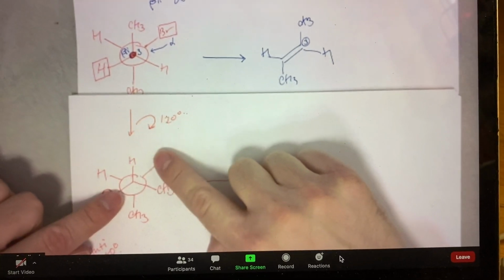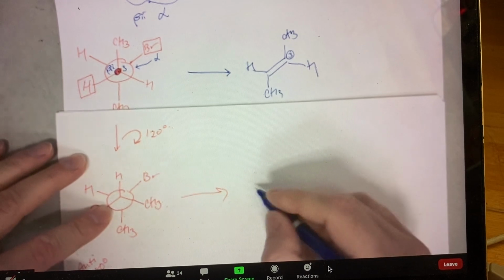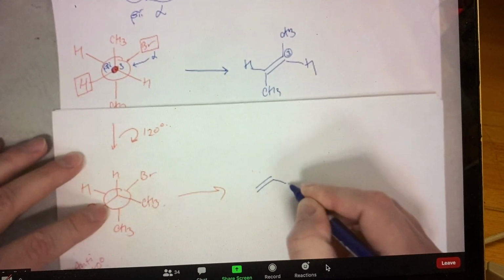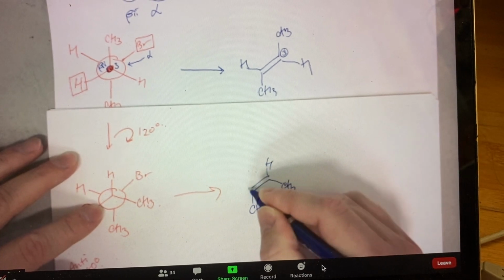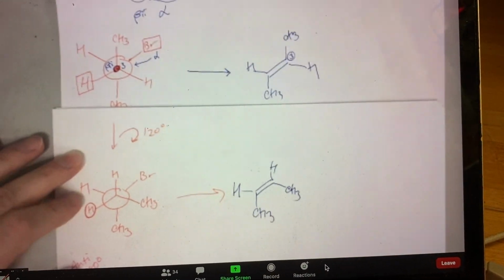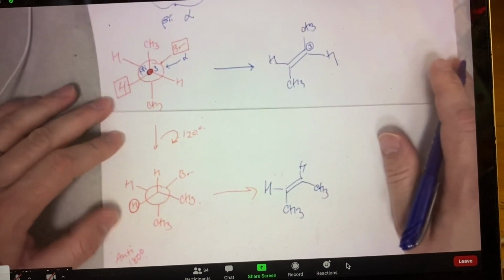And if this conformation led to an alkene, 2 methyl groups would end up on the same side. And we would get the cis alkene from these 2 different conformations.